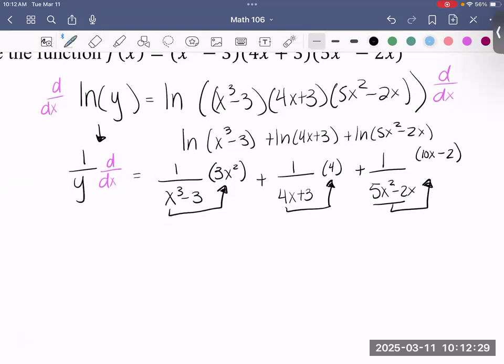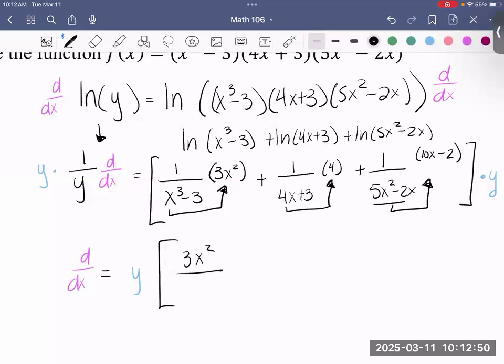Now let's go ahead and multiply both sides by y. So we have y over here, and I'm going to clean it up. We have d over dx over here. So we have 3x squared over x cubed minus 3 plus 4 over 4x plus 3.